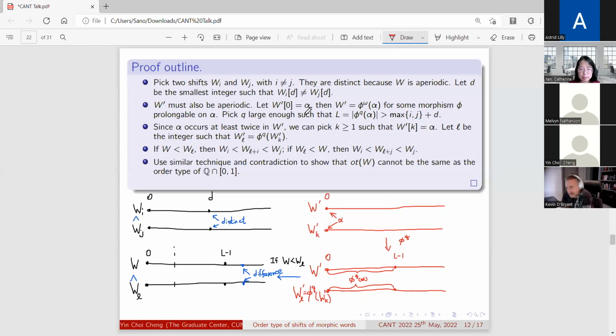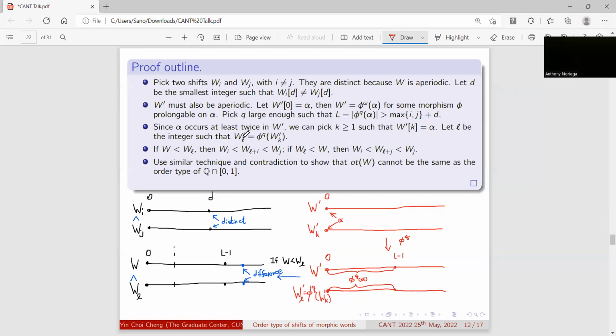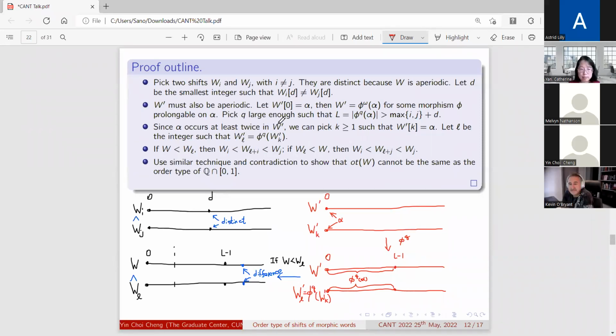Now we want to pick Q large enough such that the length of phi Q of alpha is greater than the maximum of I and J plus D. And since alpha occurs at least twice in W prime, we can pick some K greater than or equal to 1 such that the K letter of W prime is equal to alpha. And we let L be the integer such that the L shift of W prime is equal to phi Q of the K shift of W prime.